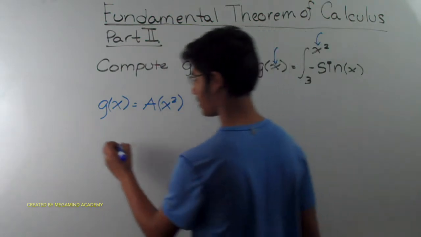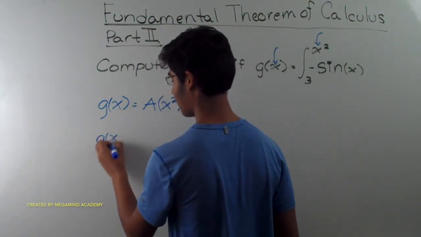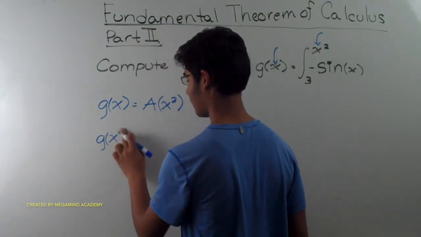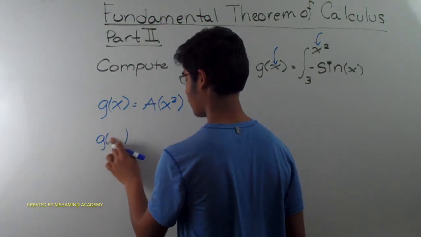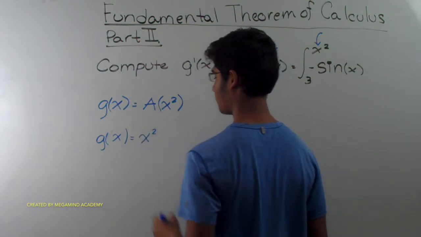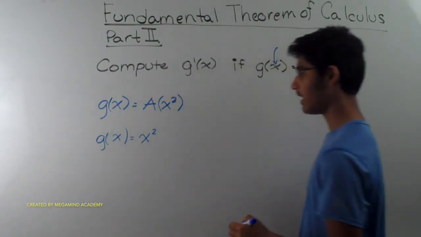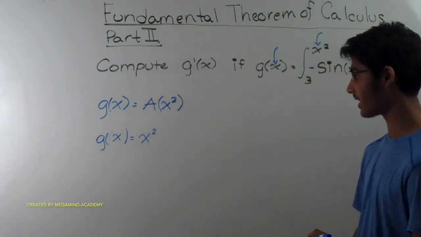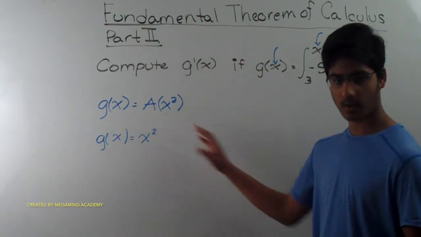Let's say we had the function g of x is equal to x squared, and let's say we wanted to write this as a of x squared.